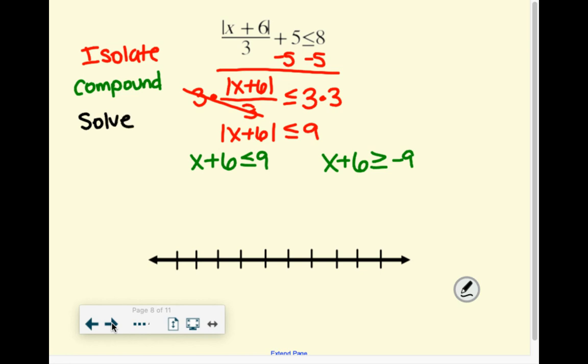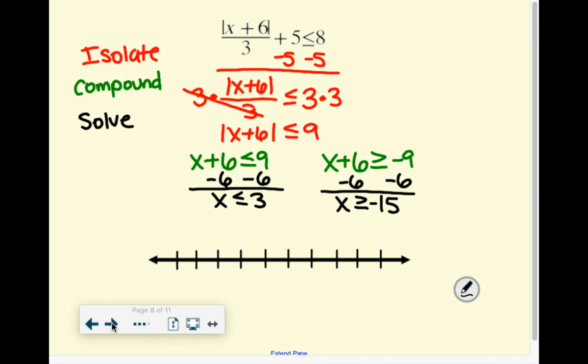Okay, the thing by the x is a plus 6, so we're going to -6. That is the opposite on everything. x is less than or equal to 3, and x is greater than or equal to -6 plus -9, -15.